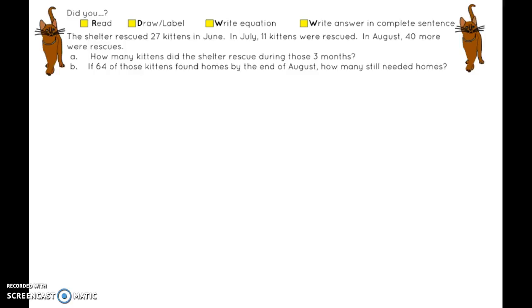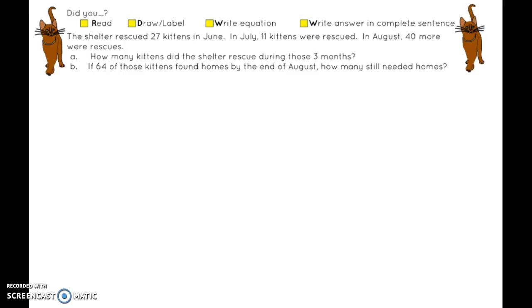Next, we draw and label our work. After we draw and label the problem, we write an equation or a number sentence that matches our drawing. After solving the equation, we write our answer in a complete sentence.